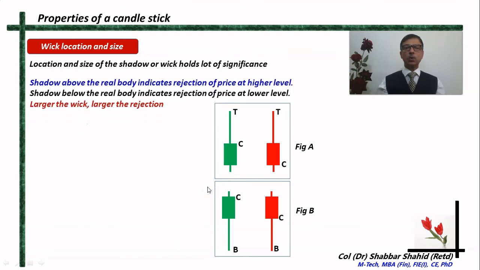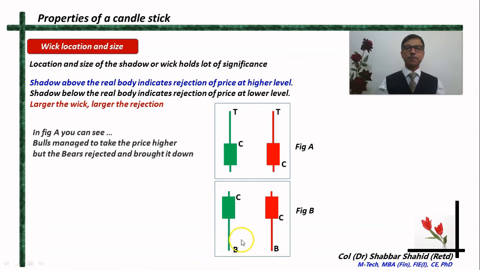If the shadow is above the real body, that indicates rejection of the price at the higher level, and the wick or shadow below the candle indicates the rejection of the price at the lower level. The larger the wick, the larger the rejection; the smaller the wick, the smaller the rejection.